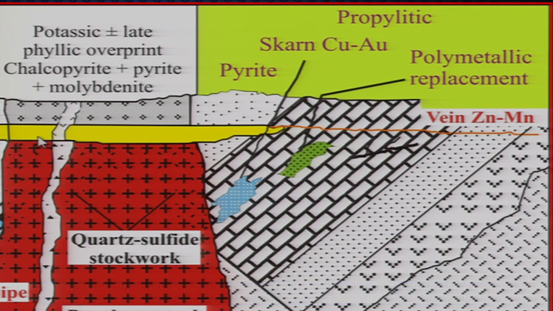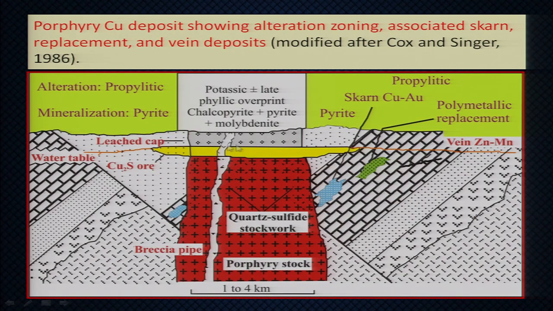After the formation of these ore deposits, these rocks were subjected to weathering or leaching and they form a leached cap rock. But remember, here the leached cap rock is enriched in, suppose, copper or lead or zinc.